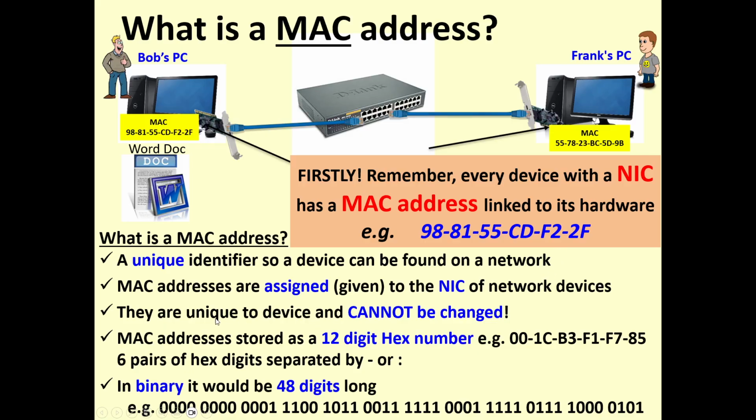And it's stored as 6 pairs of hex digits, separated by a colon or a dash, hyphen. So there's 6 pairs of hex digits, 12 in total. In binary, it's equivalent to 48 binary bits long. So obviously it's much shorter to represent it in hexadecimal, which is why it's stored in hexadecimal. A 12-digit hex number separated in pairs.